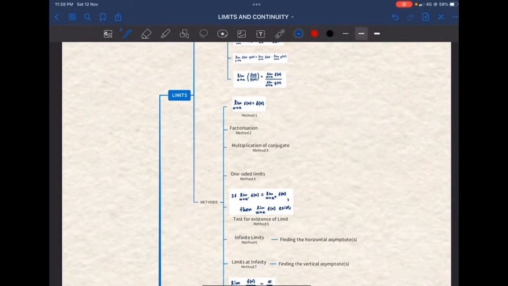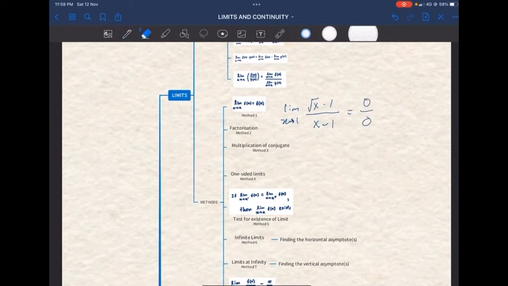Sometimes when we have an equation that cannot be factorized, the only way we could solve it is by multiplying the conjugate. So let's say we have (square root of x minus 1) over (x minus 1). Here, when the limit of x approaches 1, if we directly sub in 1, we will get an undefined value which is 0 over 0.